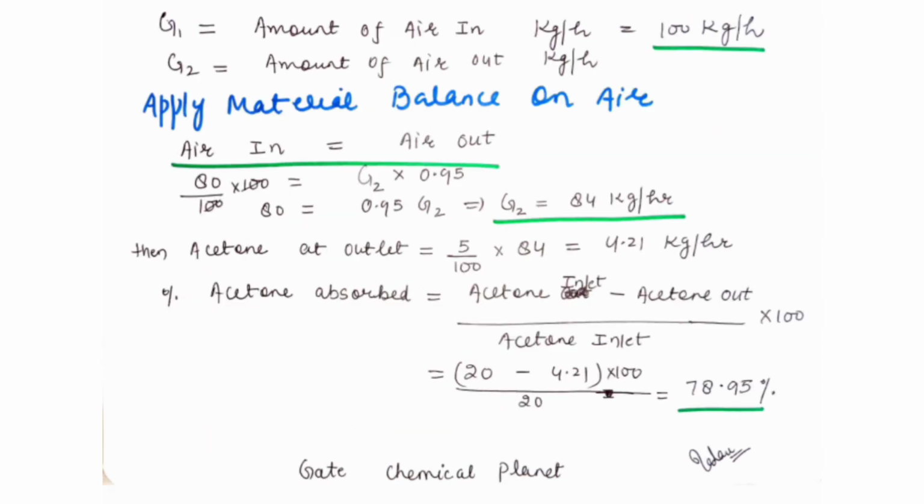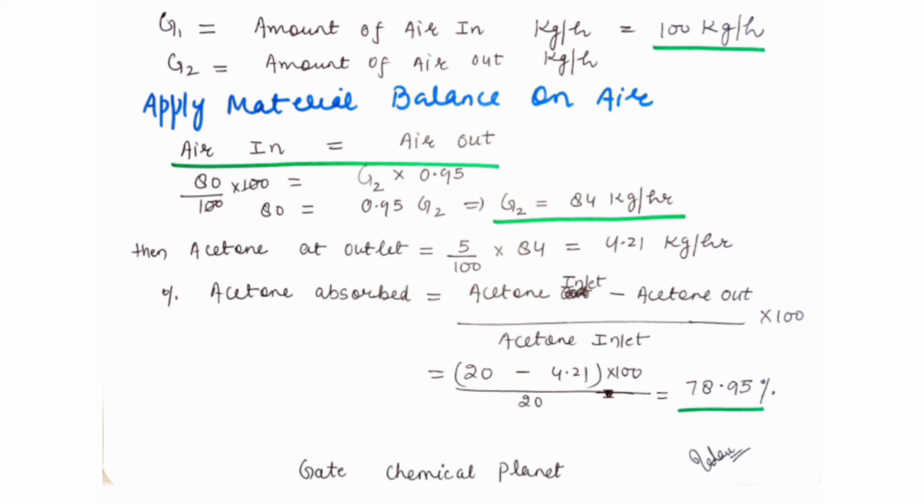Now let us consider G1 is the amount of air coming into the column, in kilograms per hour, and we have already taken the basis as 100 kilograms per hour. So we have the value of G1, and G2 is the amount of air out in kilograms per hour.